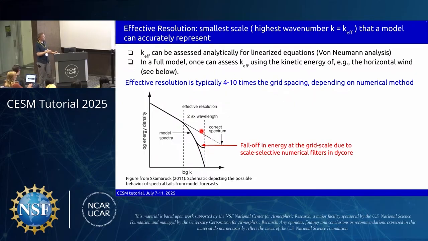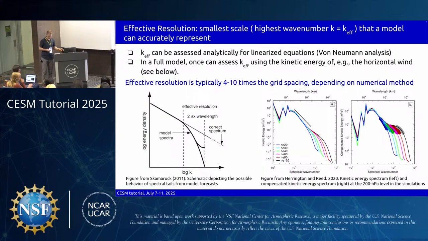If you don't have numerical filters in your model controlling what's going on at the grid scale, this thing here can curve up. And that's really bad, because now you're emphasizing the errors in the model at the grid scale. Here's an example of what it looks like in CAM with various resolutions. I think this is 1.5 degrees all the way down to 25 kilometers.